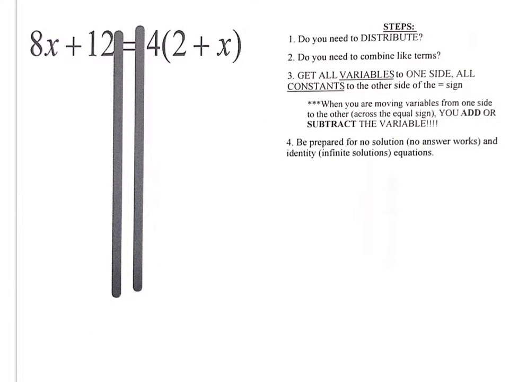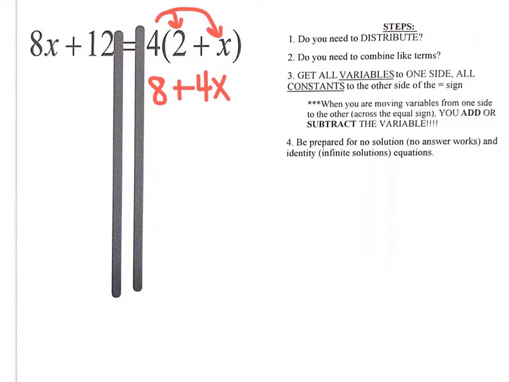Okay, so looking at this problem, we see something a little different. We see parentheses. So when we look at our steps, it says, do you need to distribute? And we do, because we see parentheses on the right-hand side. So I'm going to draw some arrows. 4 times 2 is 8, and then 4 times a positive x is 4x.